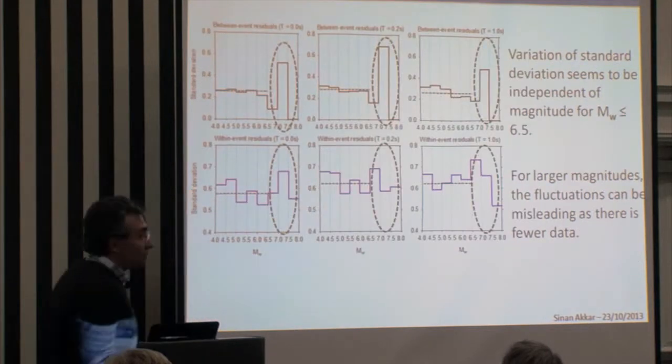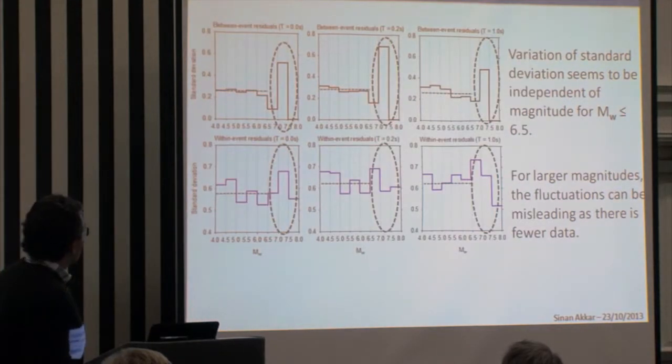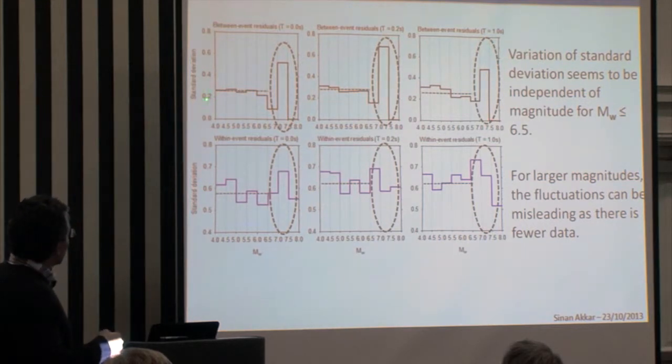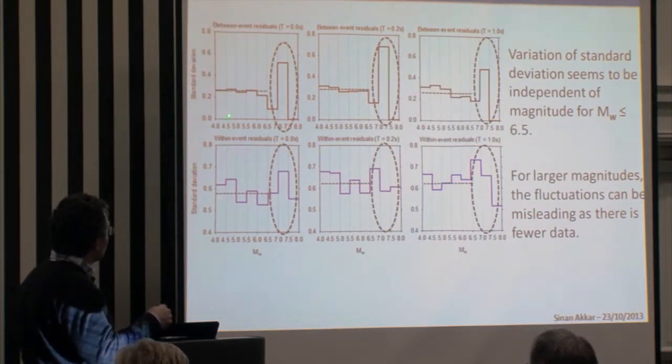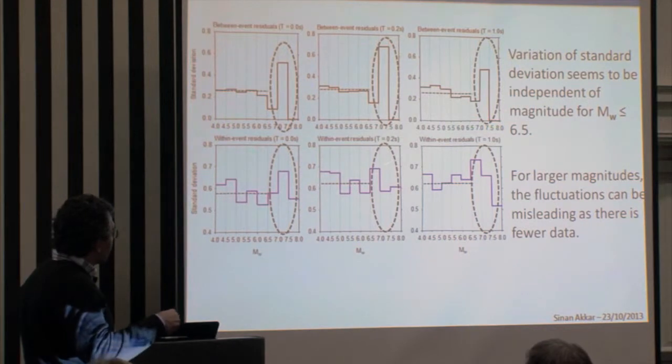Okay. A similar plot. Again, I'm showing the standard deviation of the residuals. The first row shows the between event residuals, and the second row shows the within event residuals, again for different bins, in terms of magnitude here.